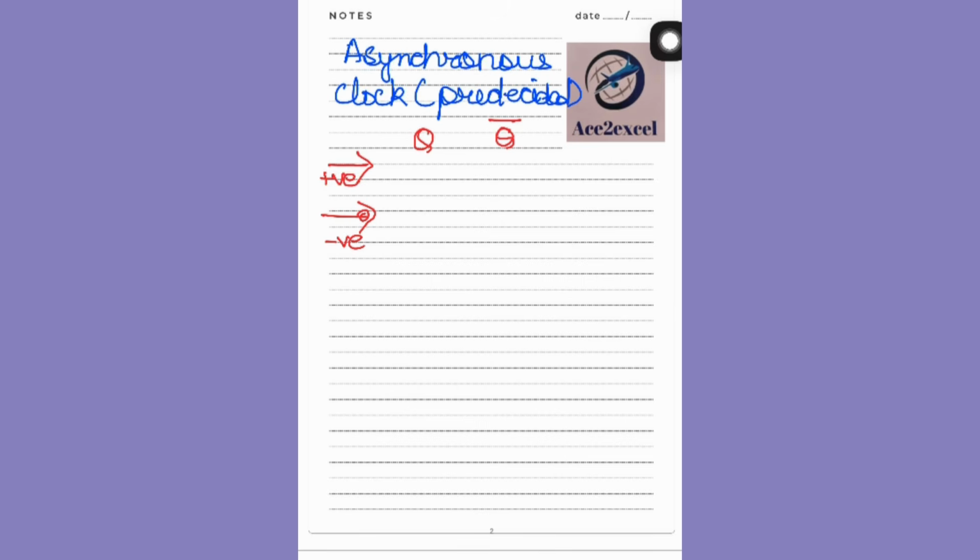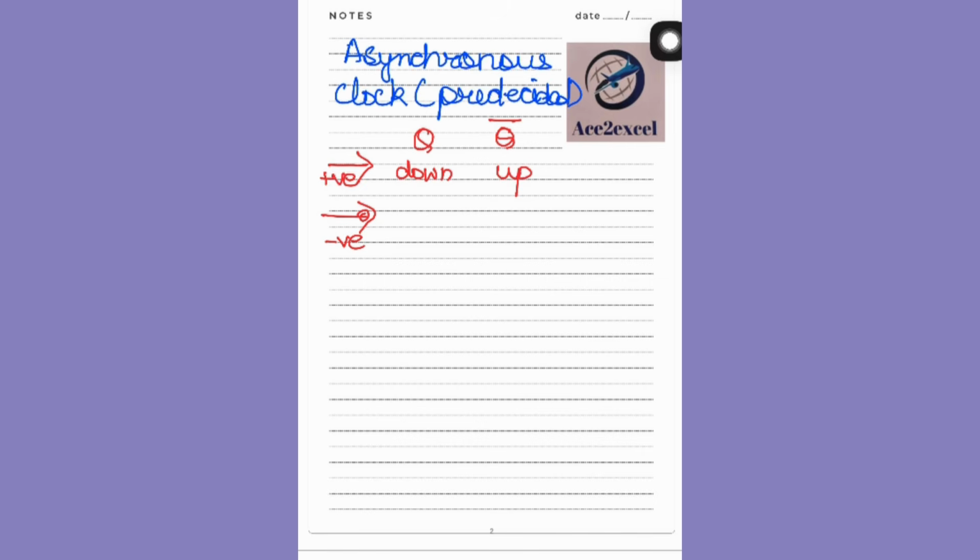Whenever positive combines with positive, it makes down counter. Whenever positive combines with negative, it makes up counter. So if you are given positive clock, then for down counter you will use Q, else for up counter you will use Q bar.